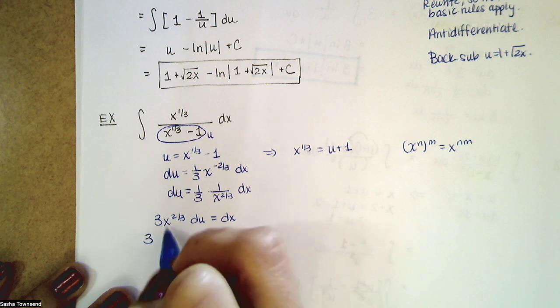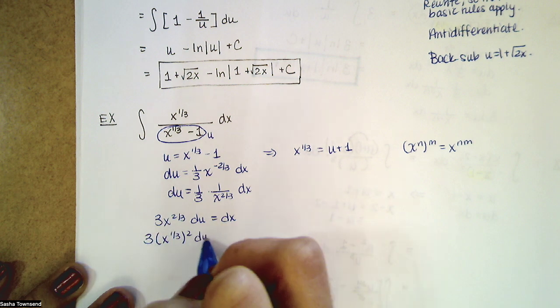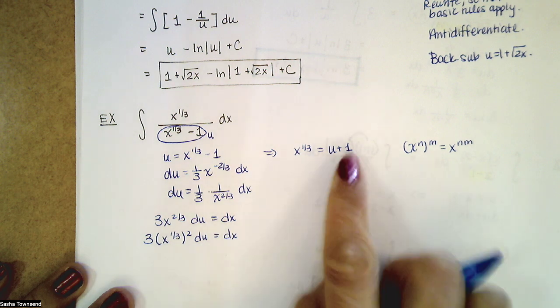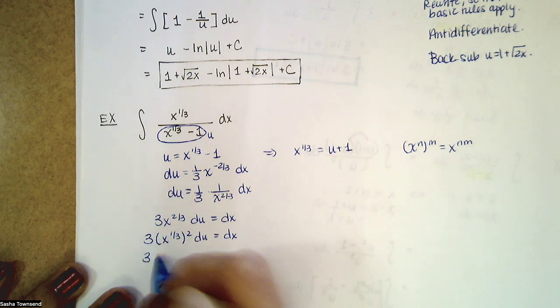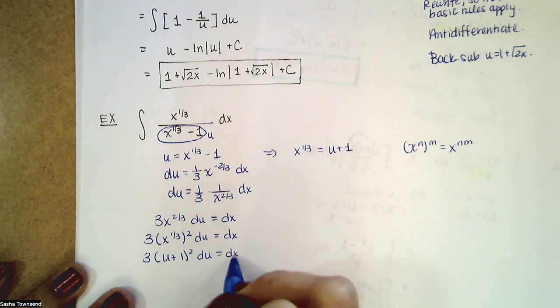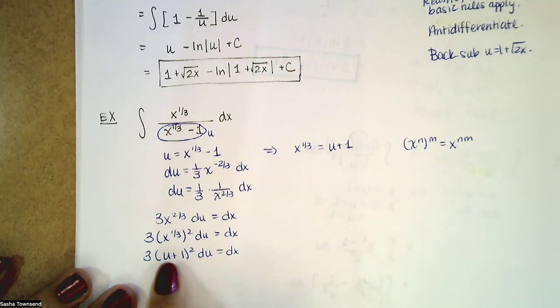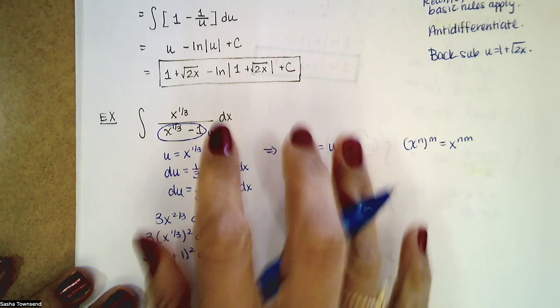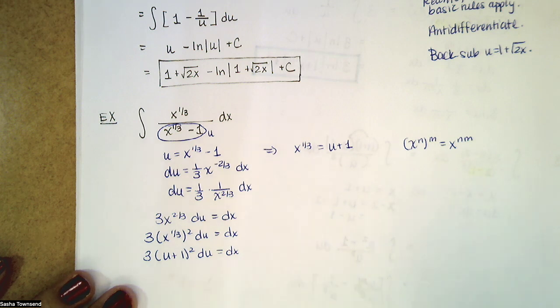So that x to the 2/3 is this x to the 1/3 squared by that exponent property, and x to the 1/3 is u plus 1. So dx is actually 3 times u plus 1 quantity squared times du. So dx can be replaced with this function of u. You might say, is that simpler? No, but hopefully we'll still be able to evaluate the antiderivative.